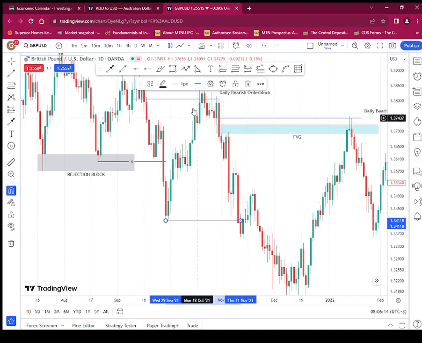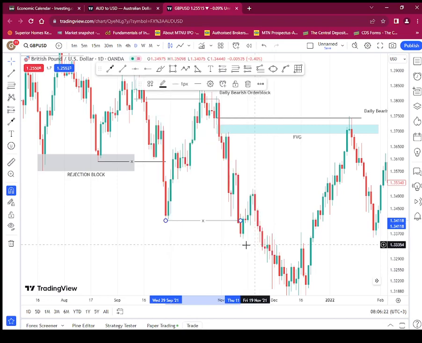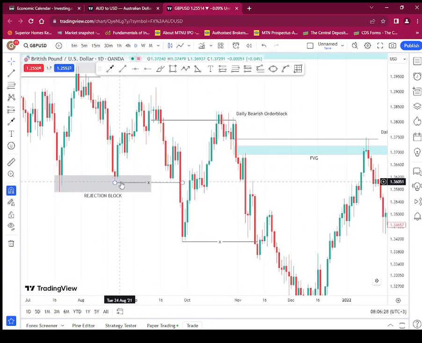So remember, every time an old low is broken, there is an order block on the opposite side that is created. When this old low was broken, it means that this became a valid order block.